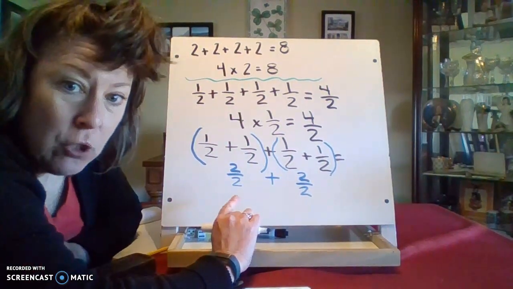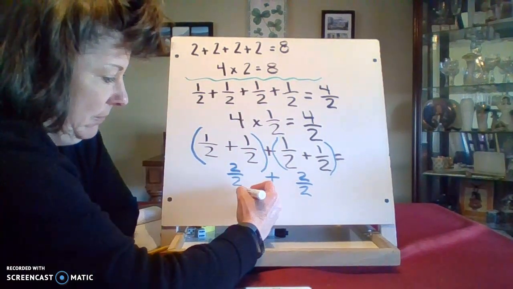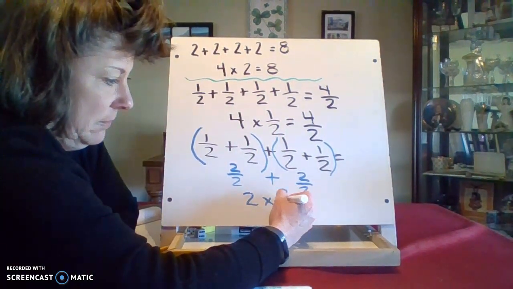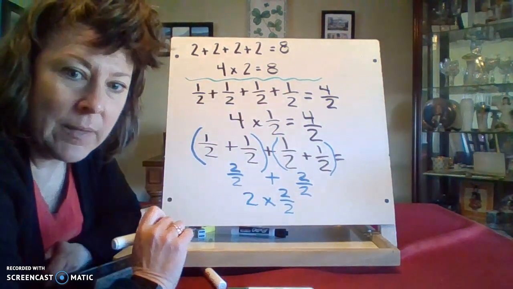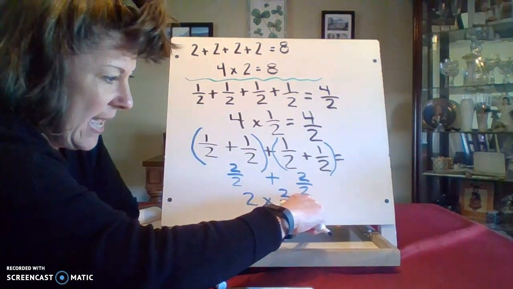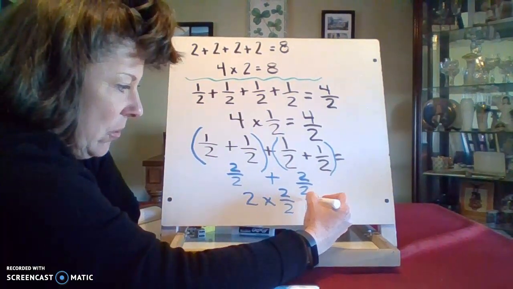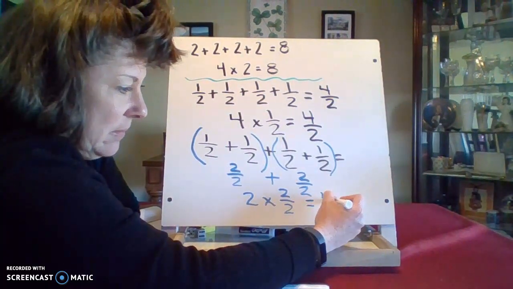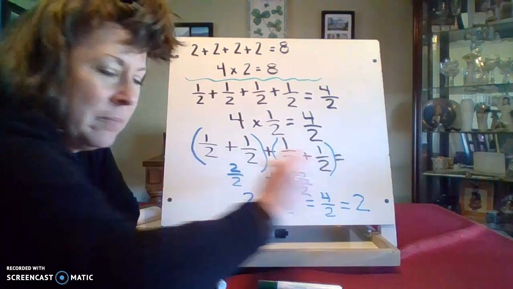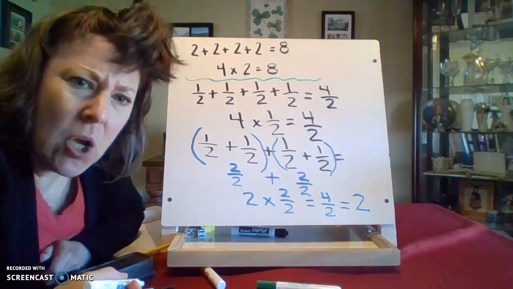I have 2 of the 2 halves. And that's basically having 1 and 1, which gives me 2.